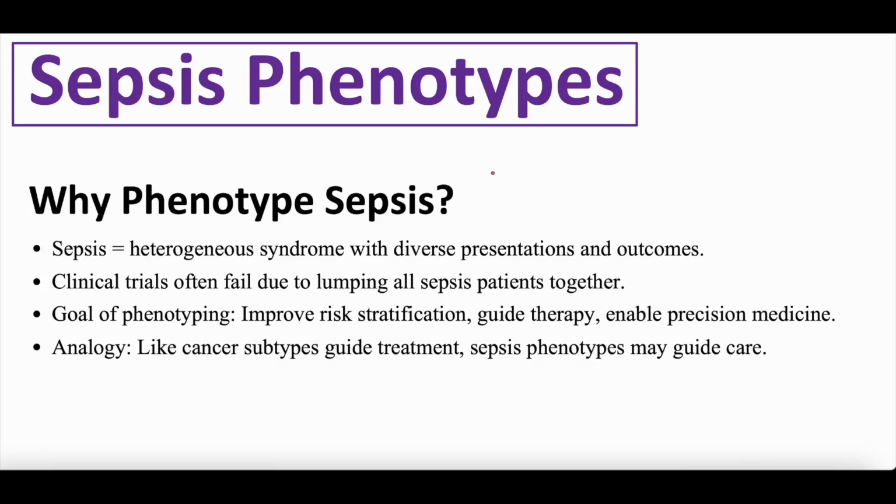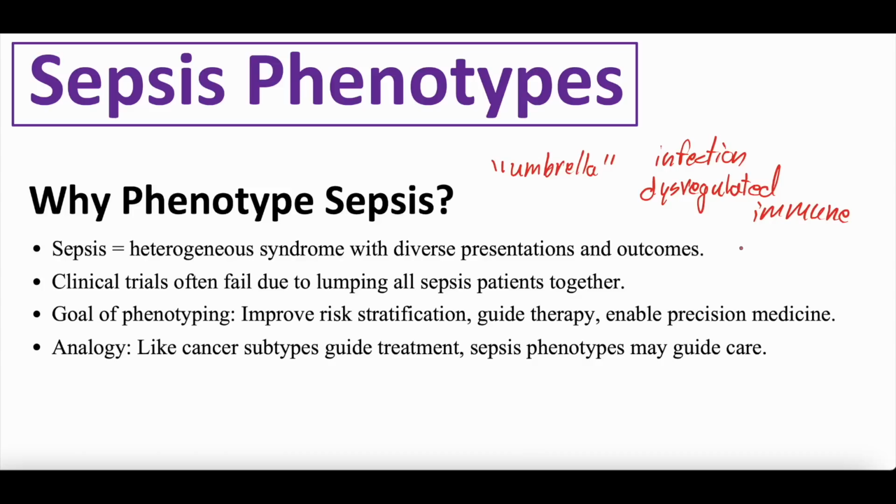Why phenotype sepsis? Well, sepsis in general, as we've talked about, is more of an umbrella term for a syndrome, okay? People get an infection, and that infection leads to a dysregulated host immune response. And that dysregulated immune response causes a number of downstream things, right?